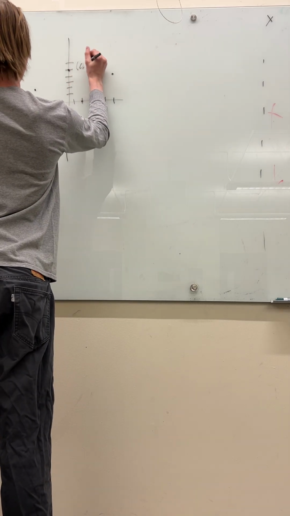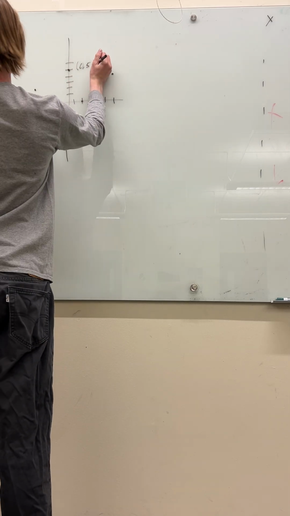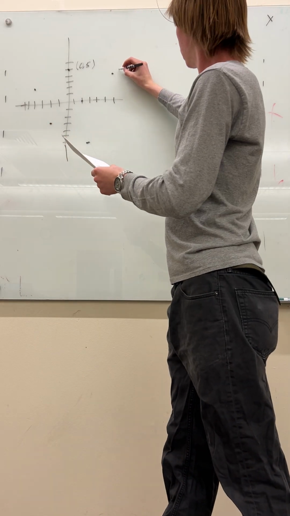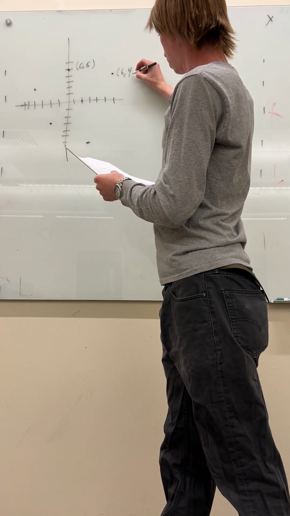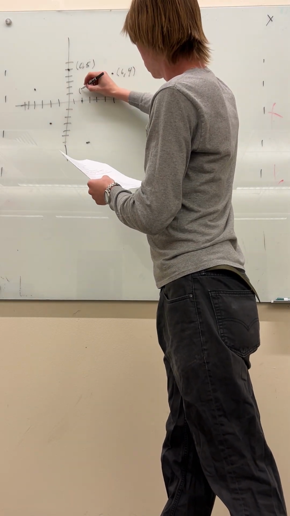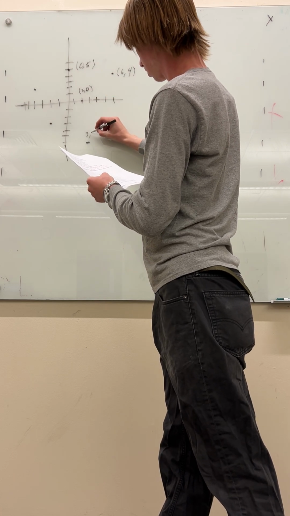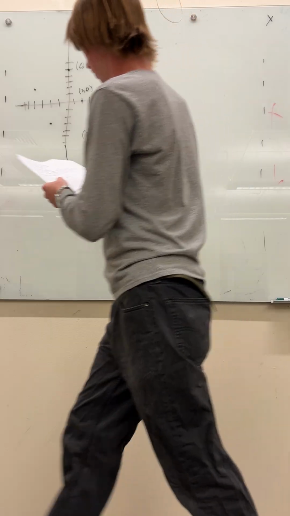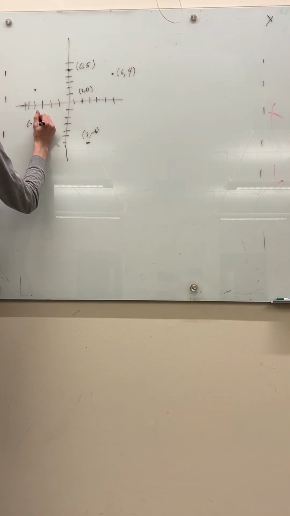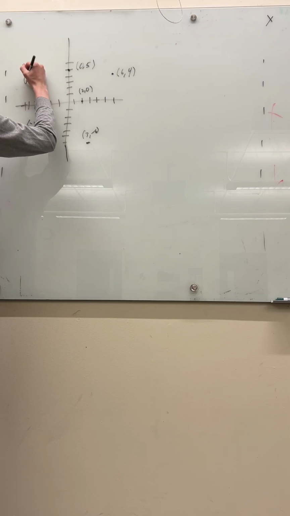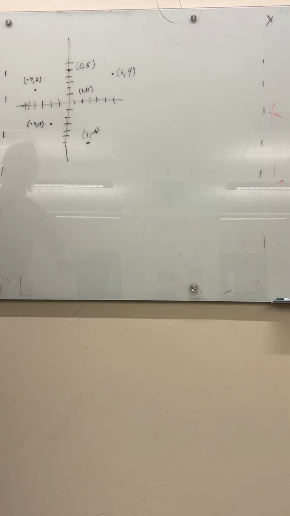This is (0, 5), (6, 4), (2, 0), (3, -6), (-2, -3), and (-4, 2). Excuse me. Those are all of our points correctly labeled.